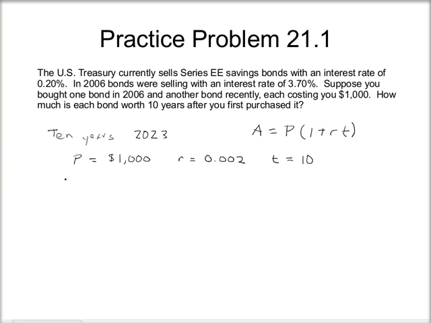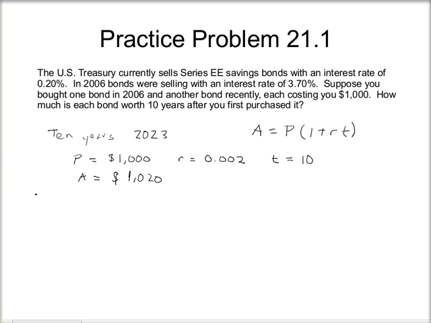So after I plug that all into my calculator, I'm going to get the amount after 10 years that I will have, and this is to the nearest dollar, will be $1,020. So that is not very much of a return on my investment there. I've only got $20 more after 10 years.